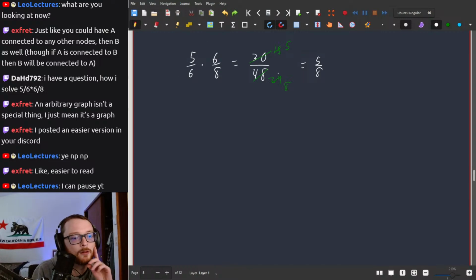The quicker way of doing it, that doesn't always work, but it often does, is you're allowed to cancel things before you multiply. So if I have a 6 on top and a 6 on the bottom, we can just immediately cancel those two things out and get 5 over 8.